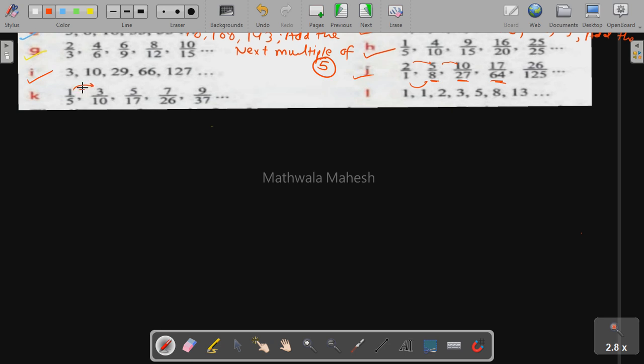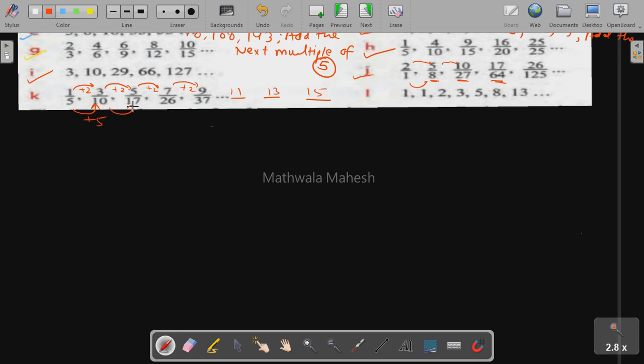Here we can see that if we have to add plus 2 in numerator, we will add plus 2, plus 2, plus 2. So the next term is 11, 13 and 15 in numerator, and what is in denominator? It is next odd number. Okay.